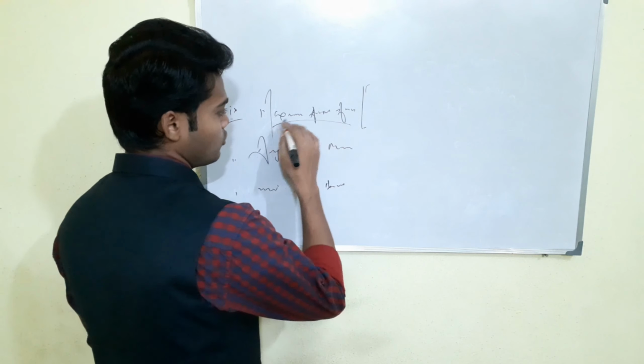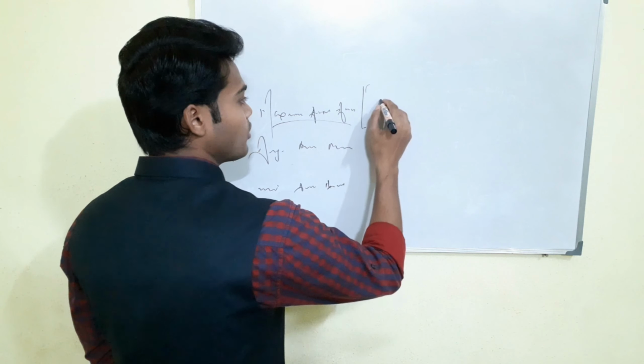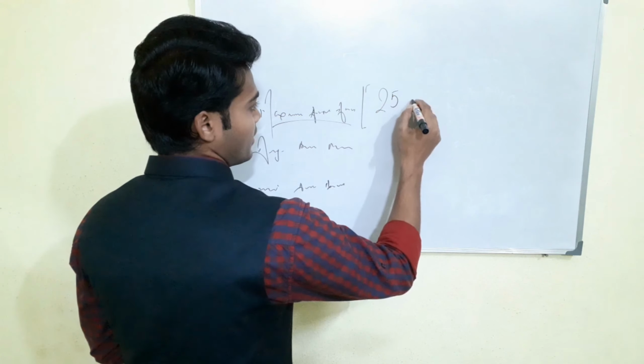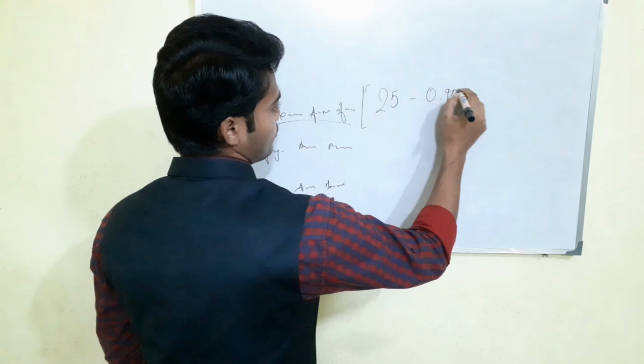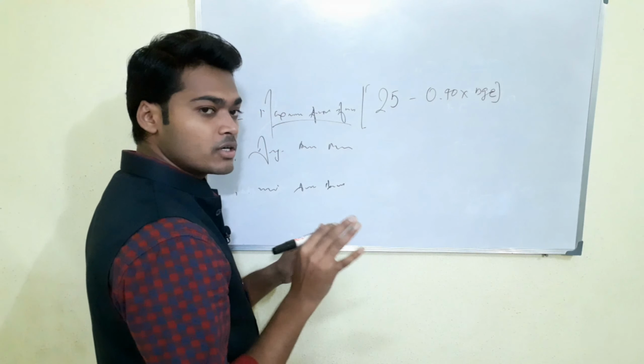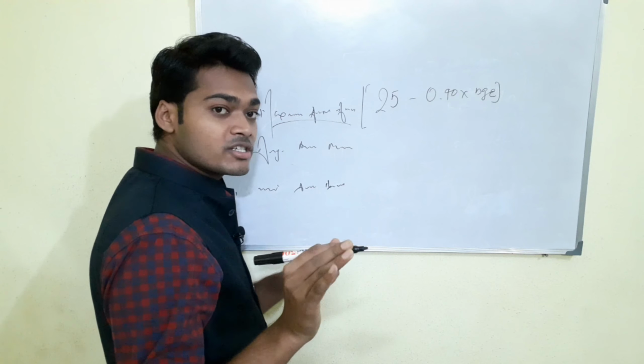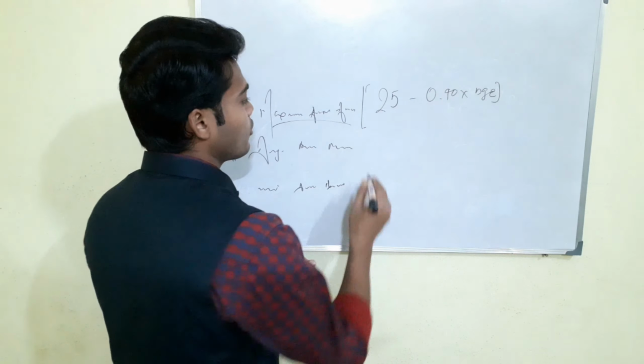If you want to calculate the maximum amplitude of accommodation, simply write 25 minus 0.40 into the age of the patient, whatever the age of the patient is, according to the patient information.